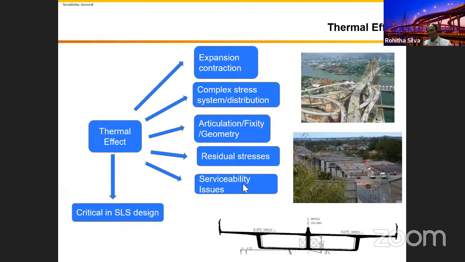The temperature effects significantly affect our serviceability limit state design, or SLS design. It's quite critical. That's why in my first slide, with the permanent effect and the live load effect, I combine a thermal effect.